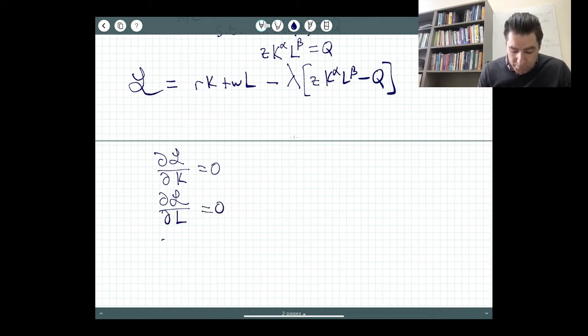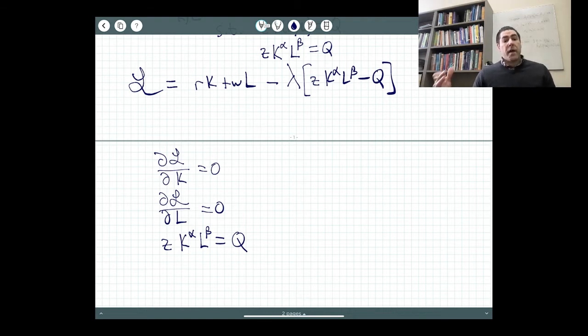And I also use my constraint that total output has to be equal to Q, given those capital and labor choices. So we'll take those derivatives. We'll solve each of these equations for K and L, and we will have a solution for capital and labor, and we'll have an associated value of the Lagrange multiplier, lambda. Okay, so let's start here.